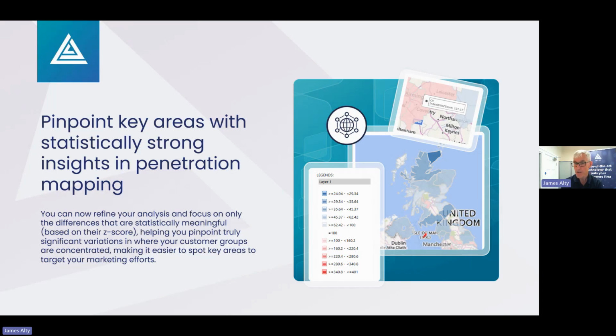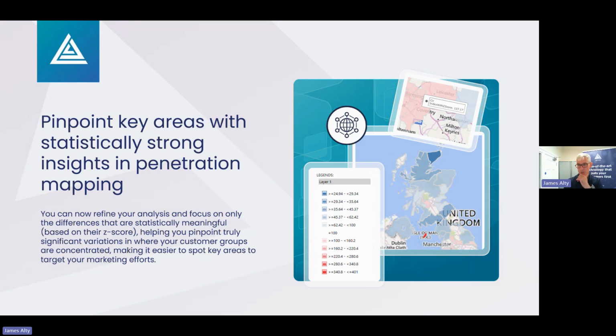In this screenshot, the color is being set by the index of over and under representation. For example, hot areas are in red, cool areas are in blue. And you remember previously that we improved the banding to support that type of index banding so that the color ranges are appropriately spread each side of the 100 center point.